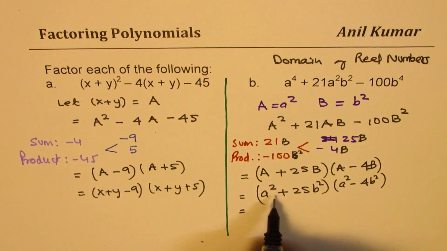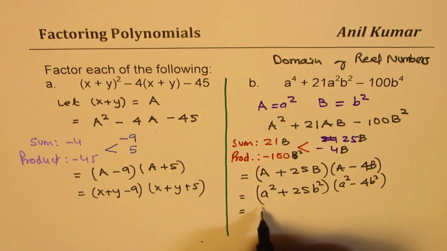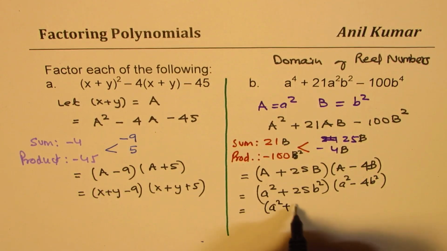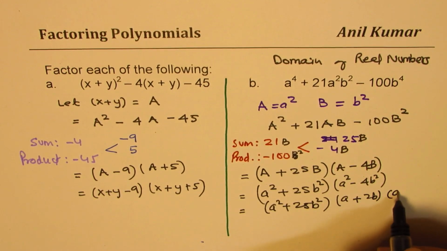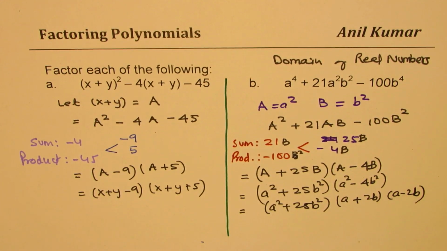In that case, you cannot factor a² + 25b². So I'll keep this as a² + 25b², and we could write the other as (a + 2b) times (a − 2b), correct? So that will be your solution.